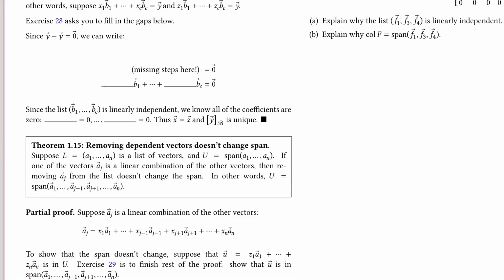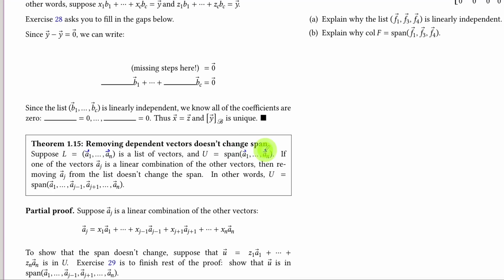Let's look at theorem 1.5. Removing dependent vectors doesn't change the span. So if you have a list of vectors, and I'm saying a list because it might not be a basis, it might be linearly dependent, and U is the subspace that is the span of those vectors. If one of the vectors, a sub j, is a linear combination of the other ones, well, that means the set is a dependent list of vectors, then removing that vector from the list doesn't change the span.